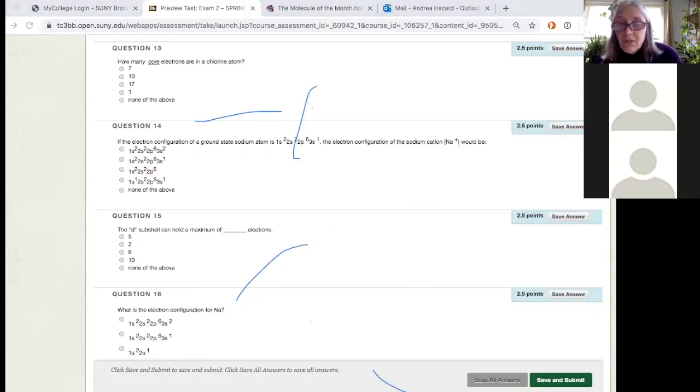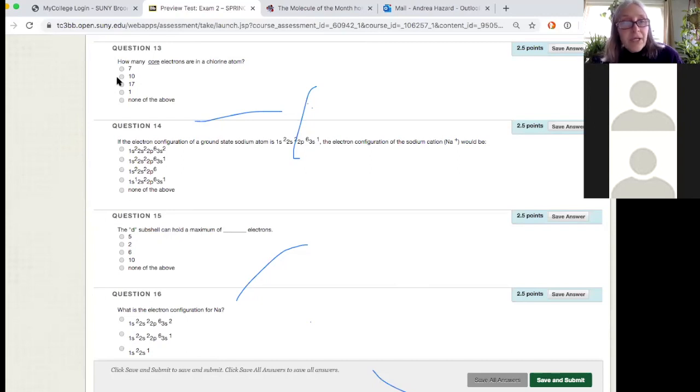If we look here, chlorine has 17 electrons total, but it's in group 7, so 7 of those are in the valence shell, and the remaining 10 are core electrons.